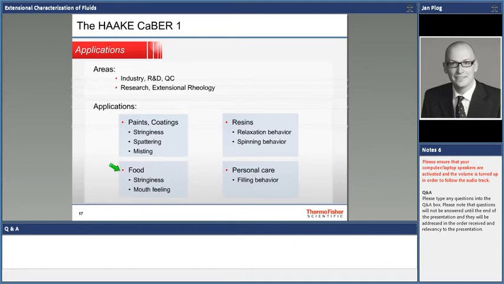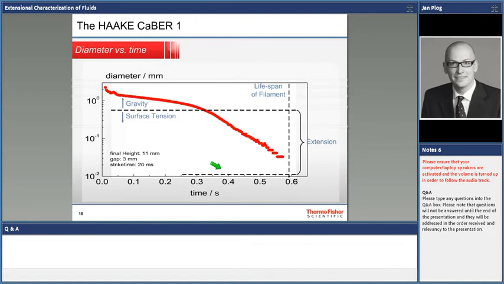Food is a huge area for us, okay, the so-called mouthfeel when you chew something, as well as when you swallow something, is very much dependent on the extensional behavior. The resins, and of course personal care products, so any kind of, let's say, polymer solutions and emulsions.